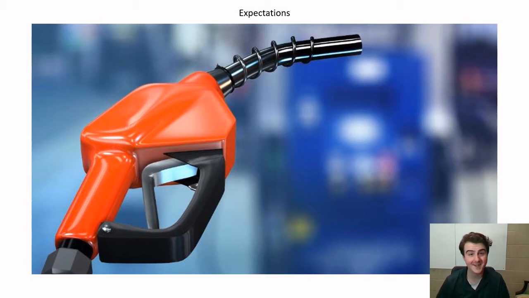I bet next week it's not going to be so high. $3 a gallon, too rich for my blood. I'm not going to buy today because I have expectations that future prices will fall. So I won't buy as much today.